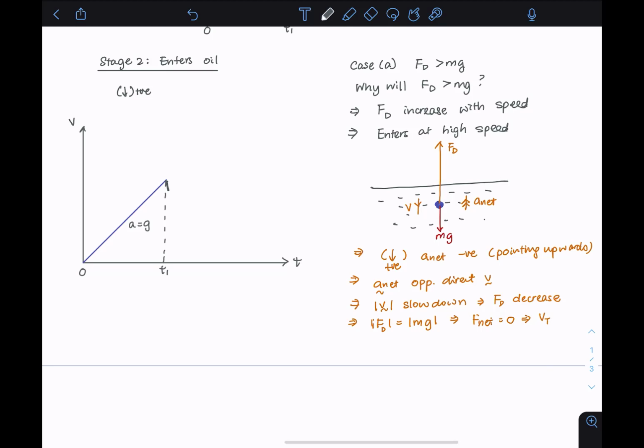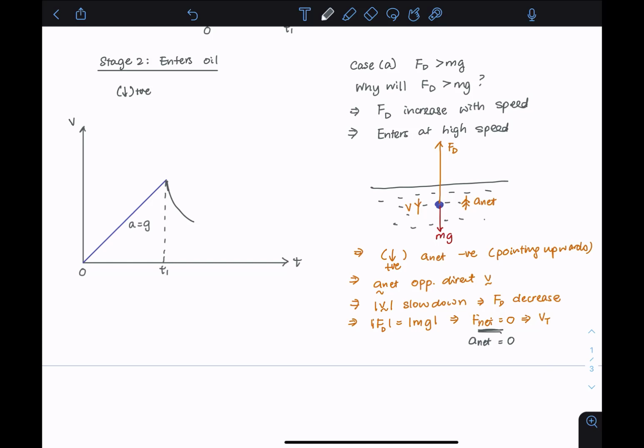So the slope will get gentler and gentler all the way until my net force is 0 and my acceleration hits 0. This means it would have reached terminal velocity.